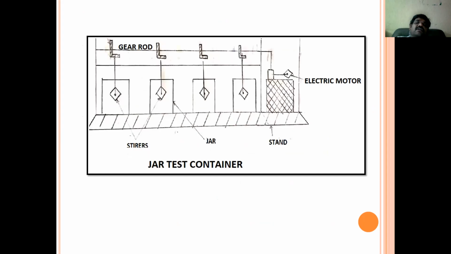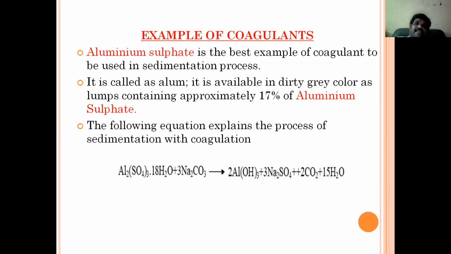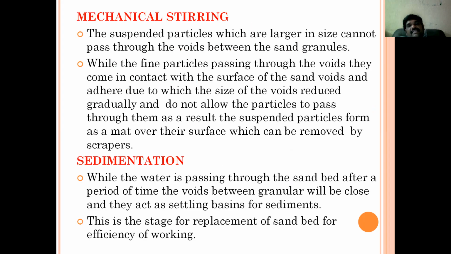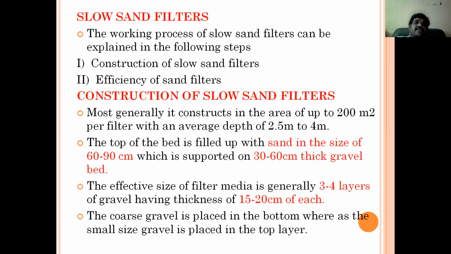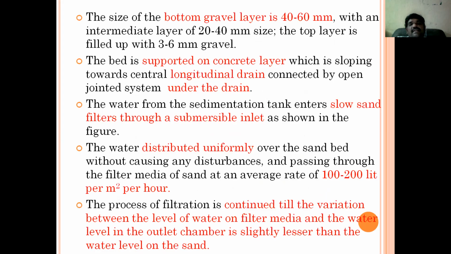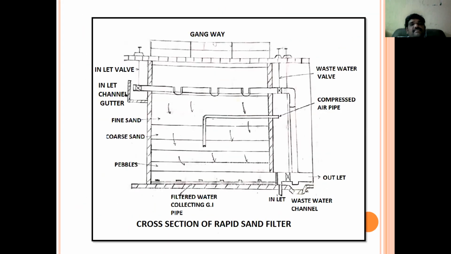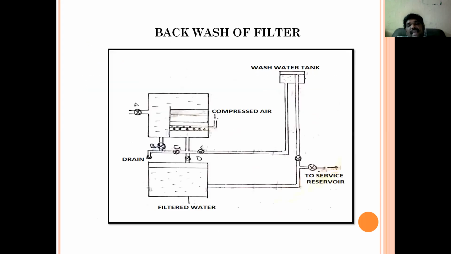And finding of optimum coagulant dose, flocculation, flocculator, coagulant examples, filtration. What is happening exactly in filtration? We have seen mechanical stirring, sedimentation, bacteriological action, electrolytic action. And there are two types of filters: slow sand filters, rapid sand filters, and backwashing of filters in the associated part of rapid sand filters.